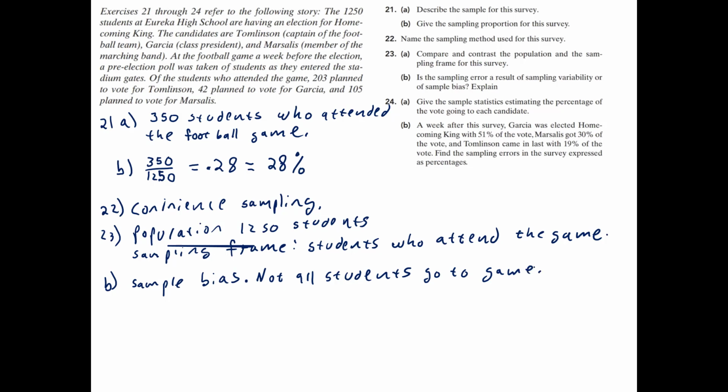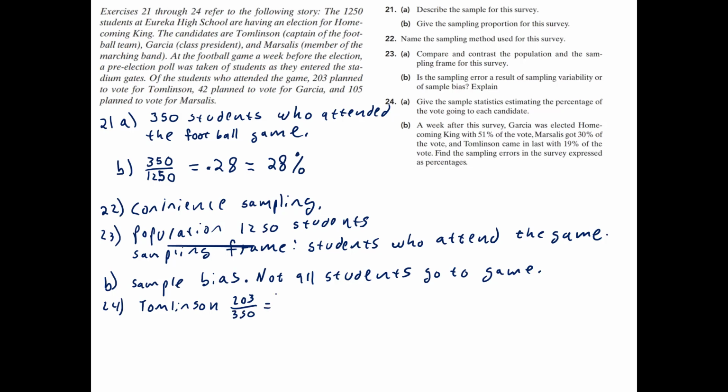Okay. And then 24, give the sample statistic estimating the percentage of the vote going to each candidate. Of the students who attended the game, 203 planned to vote for Tomlinson. So for Tomlinson, seems like he was going to get 203 out of 350.